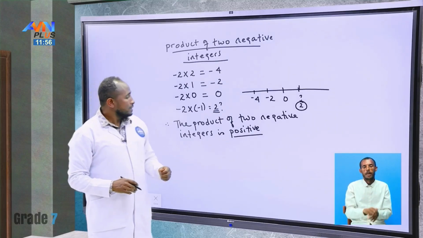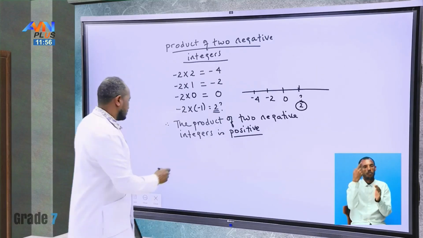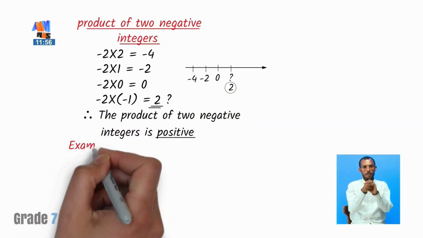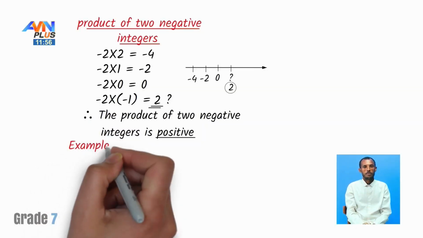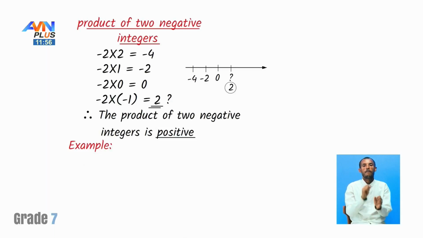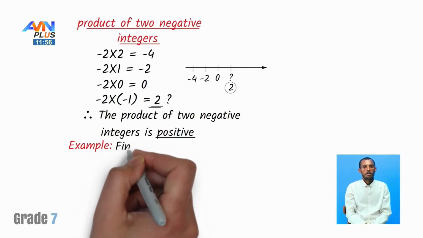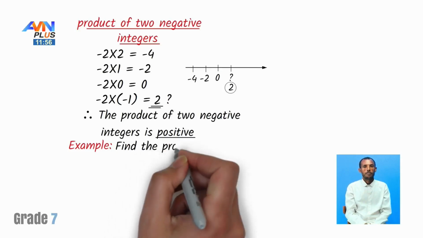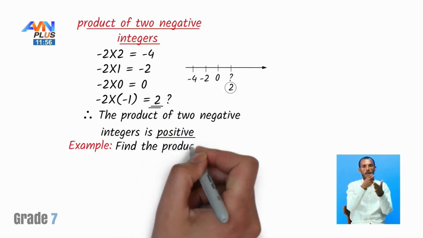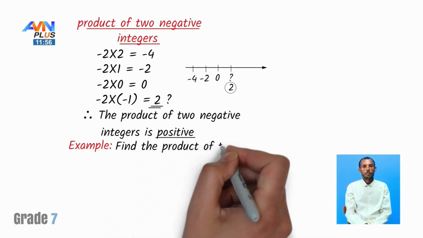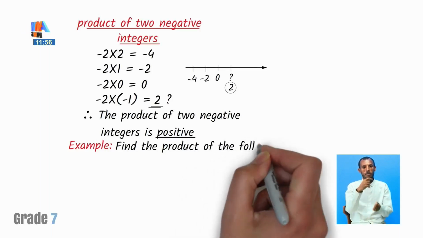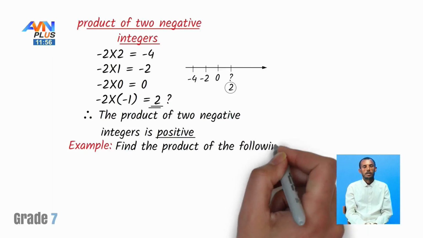Now, let's see an example for this. Find the product of the following integers.